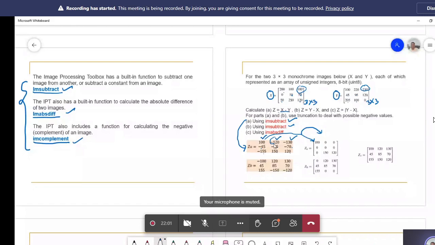Similarly, now second task is y minus x. So now reverse operation, you have to subtract x from y.